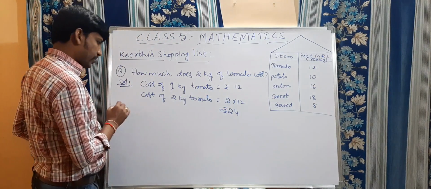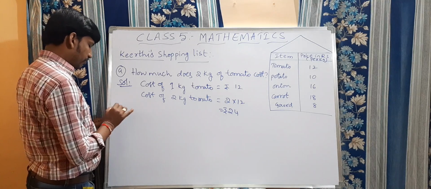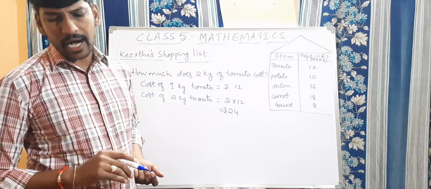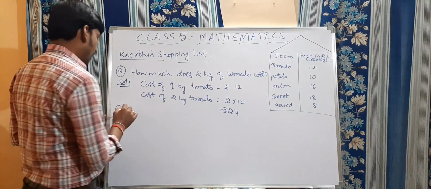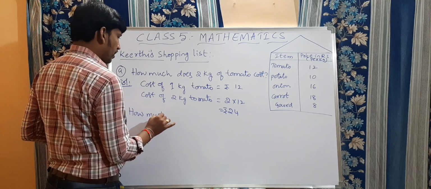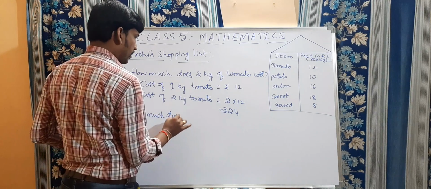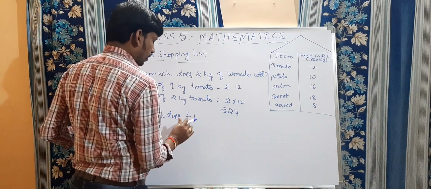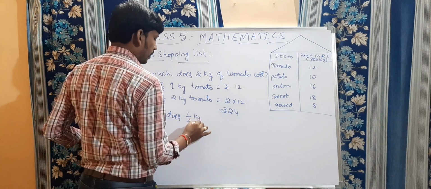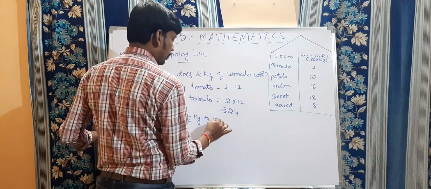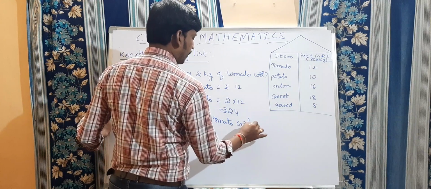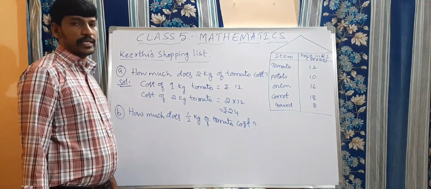Now the second question: how much does 1 by 2 kg of tomato cost? What is the meaning of 1 by 2? It is half kg.